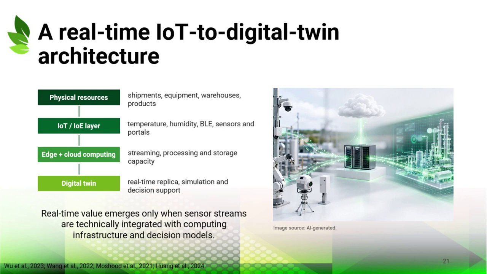Edge and cloud computing then support streaming, processing, storage, and integration of these data flows. The digital twin uses the processed information to create a real-time representation of the supply chain. In the most advanced examples, this enables monitoring, anomaly detection, simulation, and decision support.